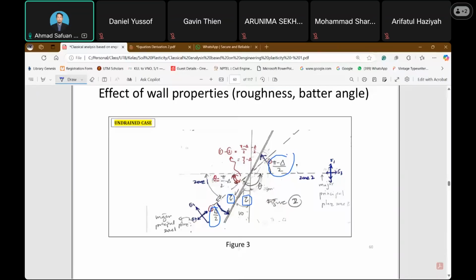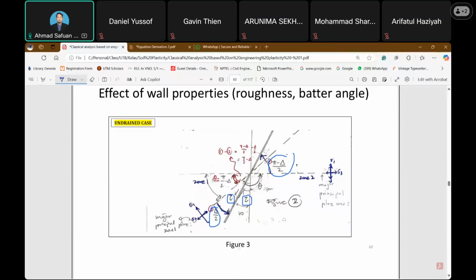So the increase of average total stress from S1 to S2 is equal to 2Cu cos delta. So how do we obtain the 2Cu cos delta?